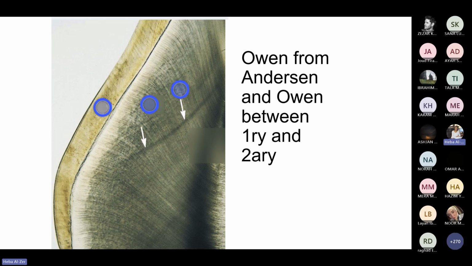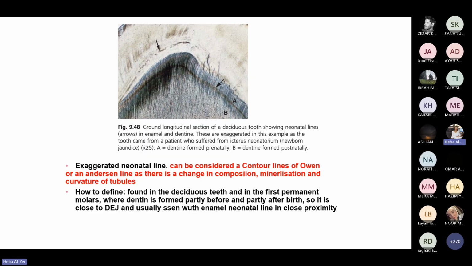This is the mantle dentine. Yeah, and this is the circumpulpal dentine. Again and again, the neonatal line could also be considered one of the Andresen lines because there is a change in composition, mineralization, and the tubules' direction. So the neonatal line could be considered an Andresen line or a contour line of Owen.